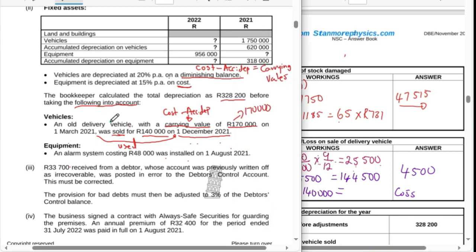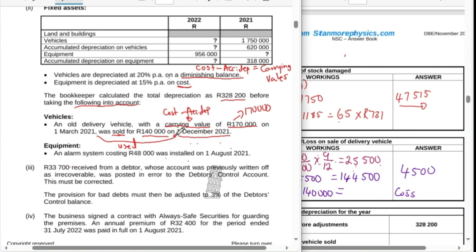So in this case, that's why we are using the carrying value. And then out of that carrying value that was given to us at the beginning of the year, we did not immediately sell that vehicle starting 1st March, but we sold that vehicle on 1st December, meaning we have been using that vehicle from March up to November.